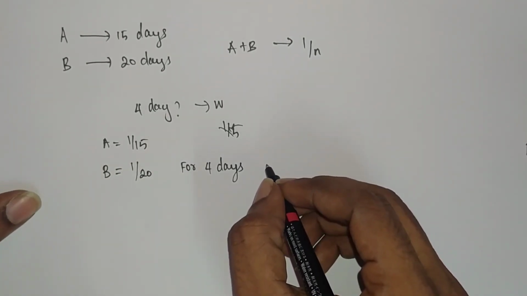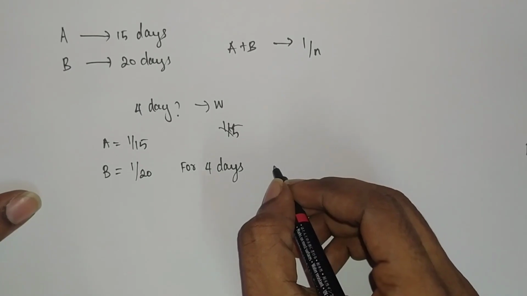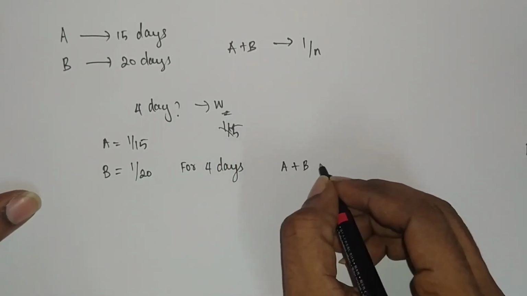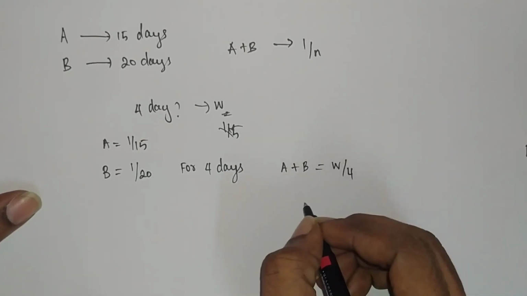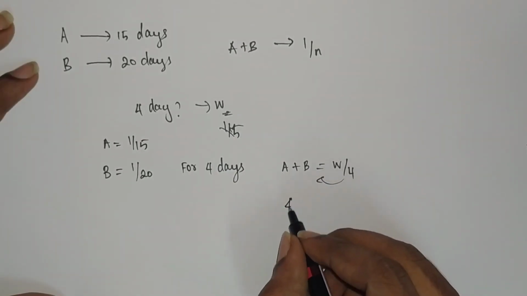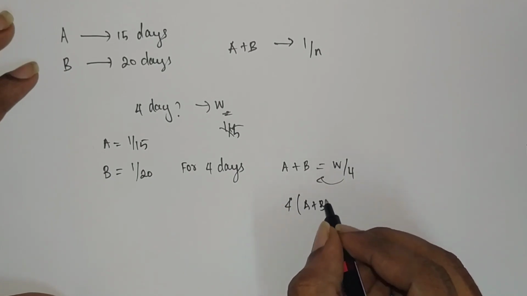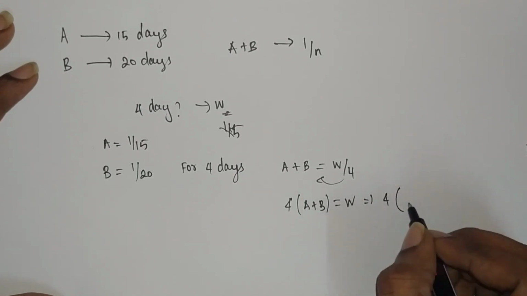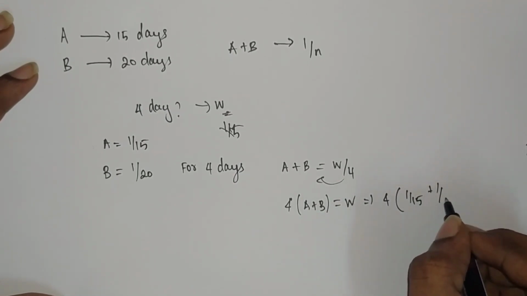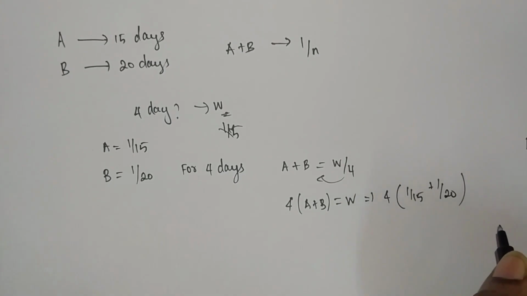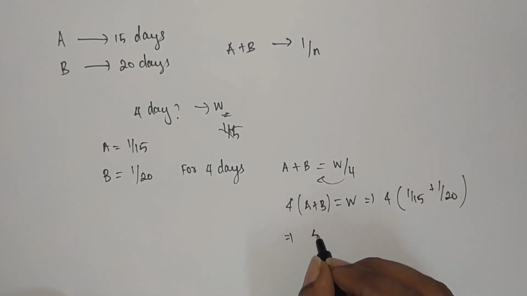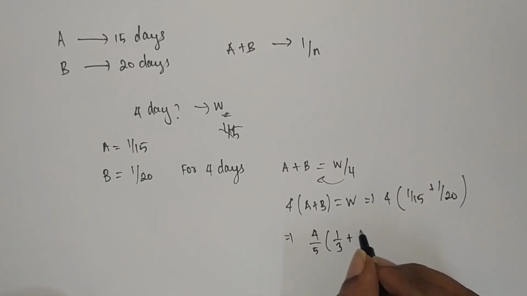So for 4 days, the work completed is W. So A plus B equal to W by 4. So now substituting the values for A and B, 1 by 15 and 1 by 20, and solving this, we will get W, the work done in 4 days.